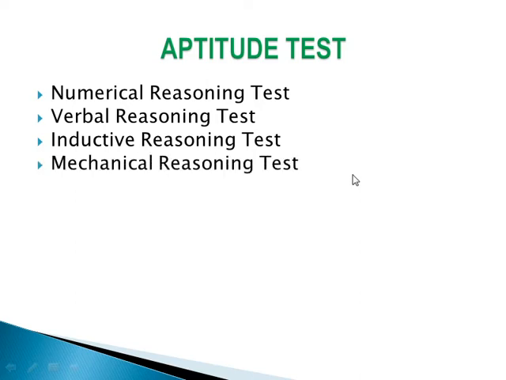Mechanical reasoning test. This test measures an engineering student's ability to apply engineering concepts in actual practice. Next is the diagrammatic reasoning test. It measures the candidate's ability to understand shapes and abstract ideas, to observe and extract values from illustrations, and apply them to new samples.